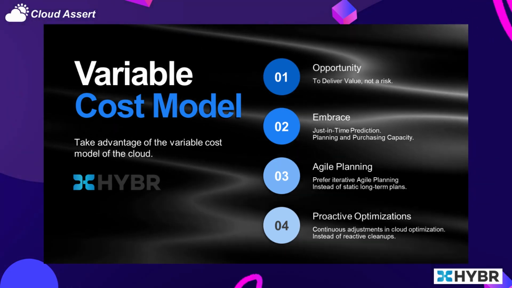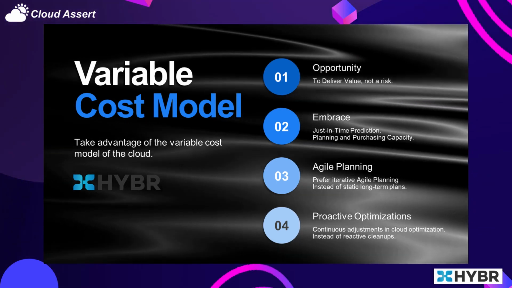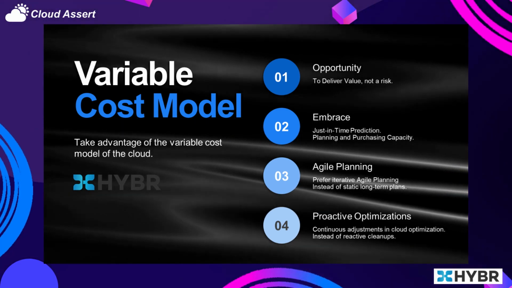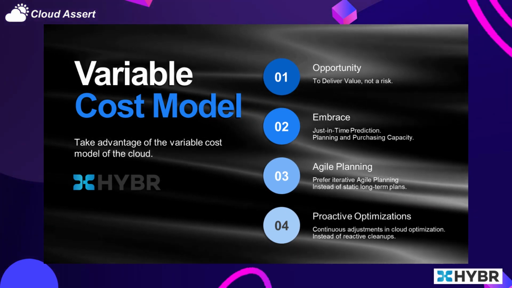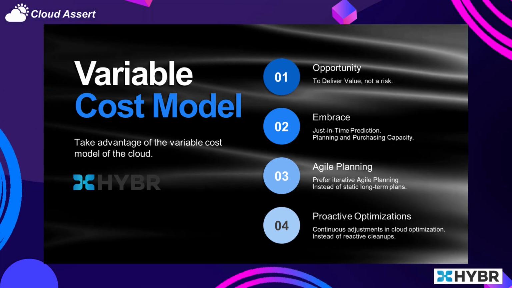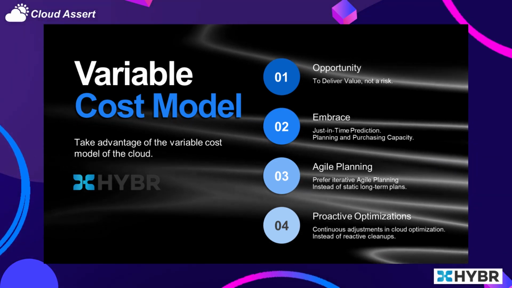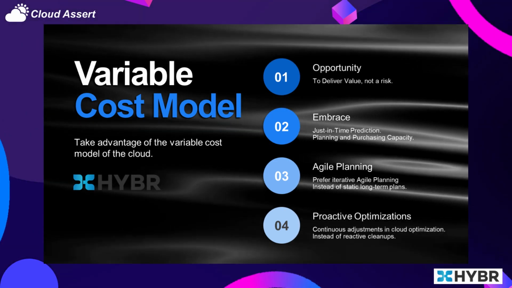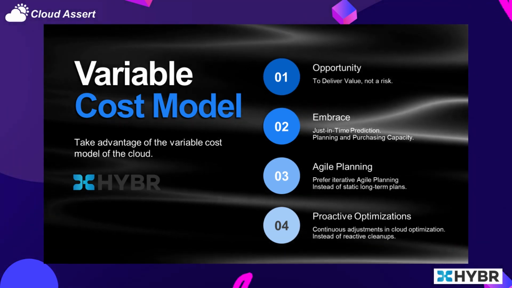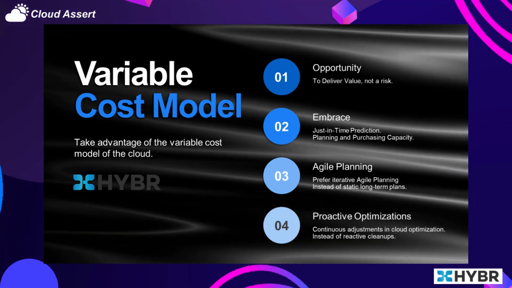If you embrace this just-in-time prediction along with planning and purchasing capacity in advance, that saves you tons of money. It's not enough to have an overall long-term plan, it's very important to be agile, because the nature of the demand or the application performance doesn't stay the same over the life cycle of the application or the calendar months.